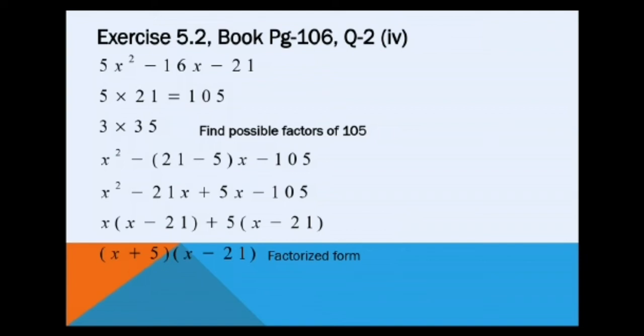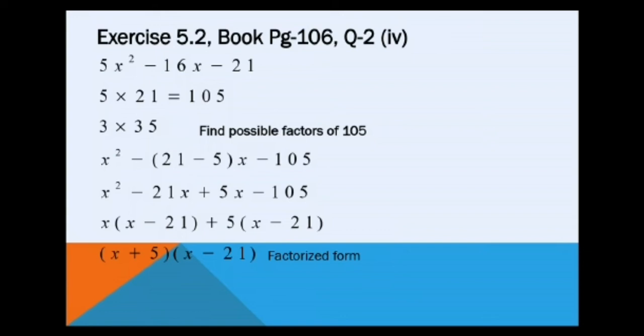Then find the possible factors of 105, which are 3 and 35, 5 and 21. 3 and 35 will not give us 16 by adding or subtracting, so we will select 5 and 21. By subtracting 21 and 5 you will get 16.